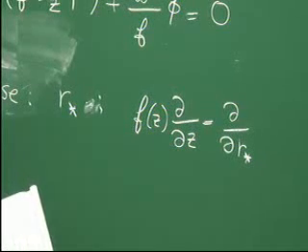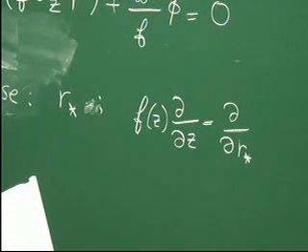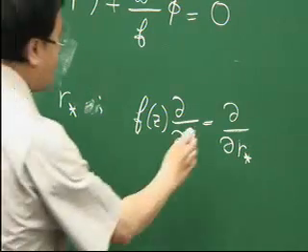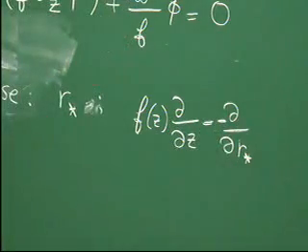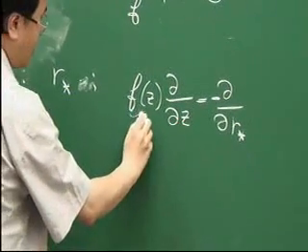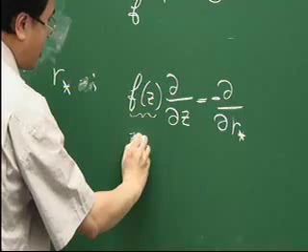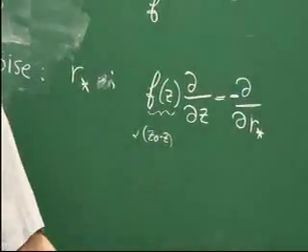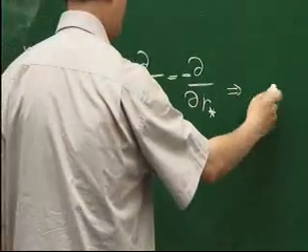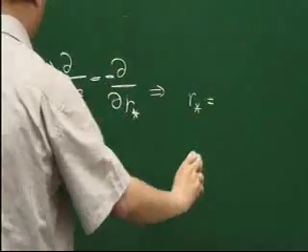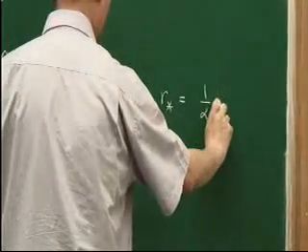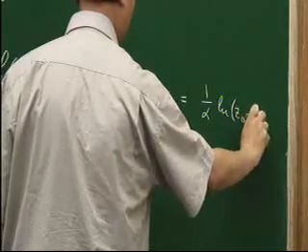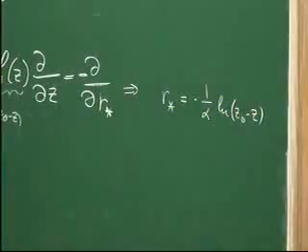When z goes to the horizon, I want r star to go to minus infinity, so minus sign. From that you can easily find out what r star is. Since f goes to 0 as z naught minus z up to some constant, you can find out that near the horizon r star is simply 1 over alpha logarithm of z naught minus z, with a minus sign, I think.